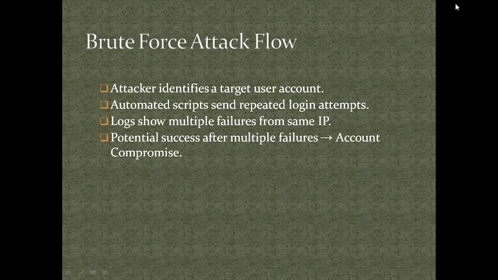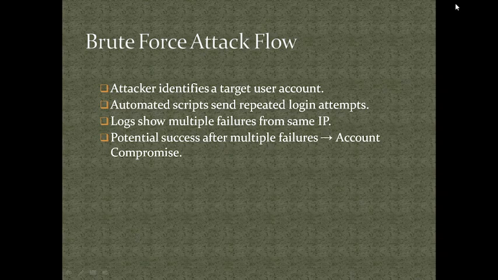The log shows multiple failures from the same source IP. When we detect a potential success after multiple failures, an account logging in successfully is a quick indicator that the account is now a compromised one. So we can find all these things with the crucial indicators.